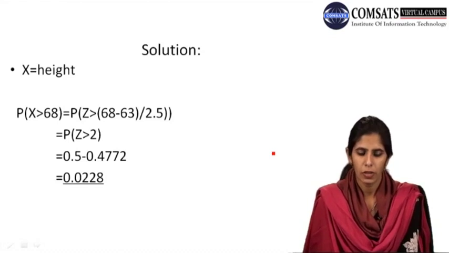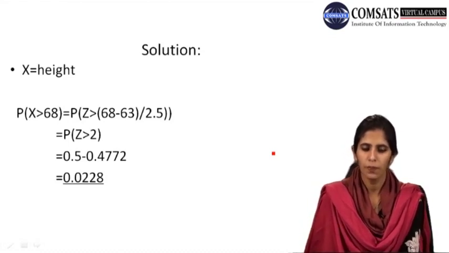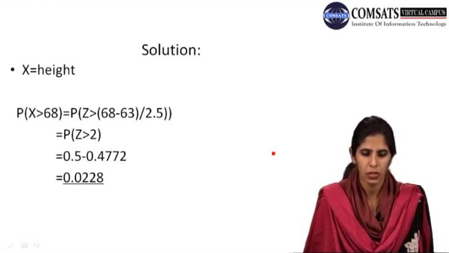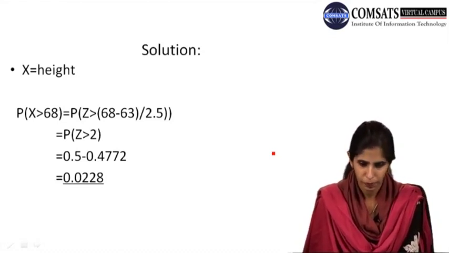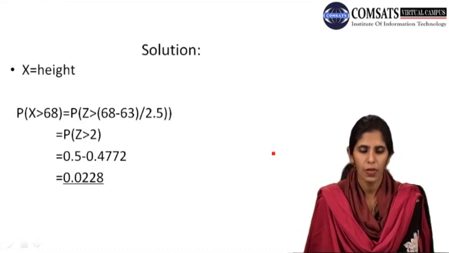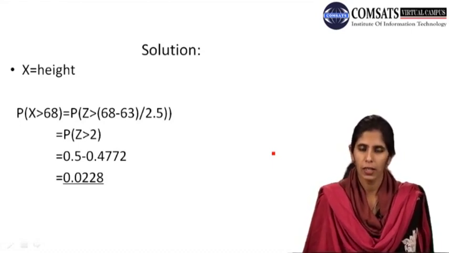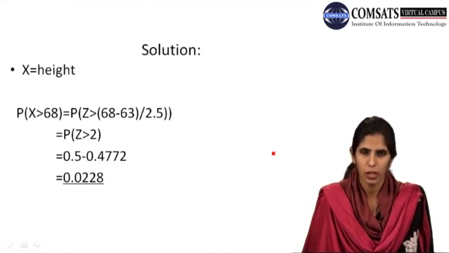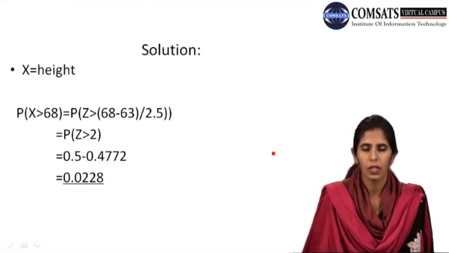That is, P of z greater than or equal to 2, since 68 minus 63 is 5, and 5 divided by 2.5 is 2. So we are checking 2.0 in the normal curve.